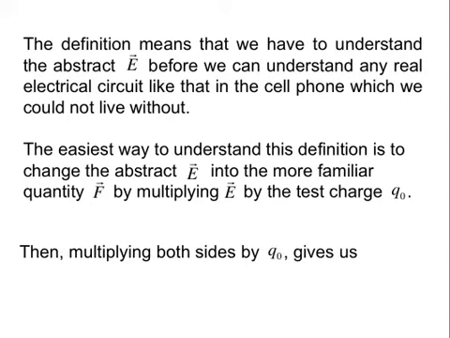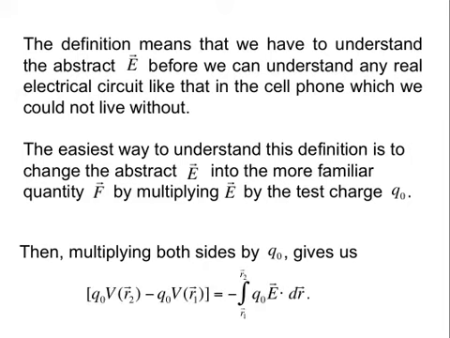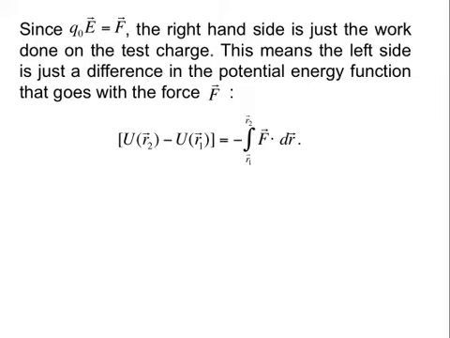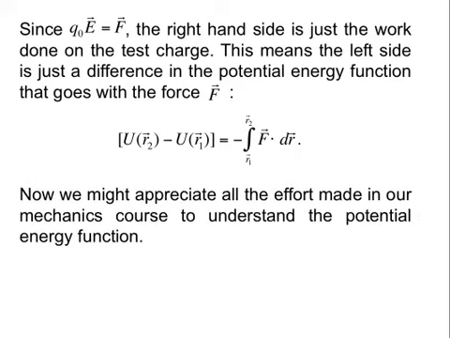Then multiplying both sides by Q0 gives us Q0 times the electric potential difference is equal to the line integral of the force dot dr. Since Q0 E equals F, the right-hand side is just the work done on the test charge. This means the left side is just the difference in the electric potential energy function that goes with the force F.